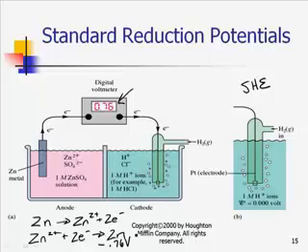So what this is saying is that relative to the hydrogen electrode, the zinc has a lower affinity for electrons, so the electrons are going to be lost from the zinc metal and gained by the hydrogen.